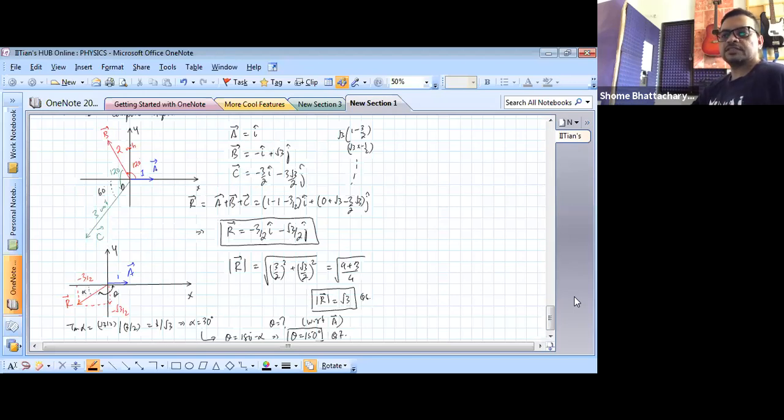Yeah, we can also express it as 210, okay, because two vectors which are like this, angle is 210. So this angle is 150.